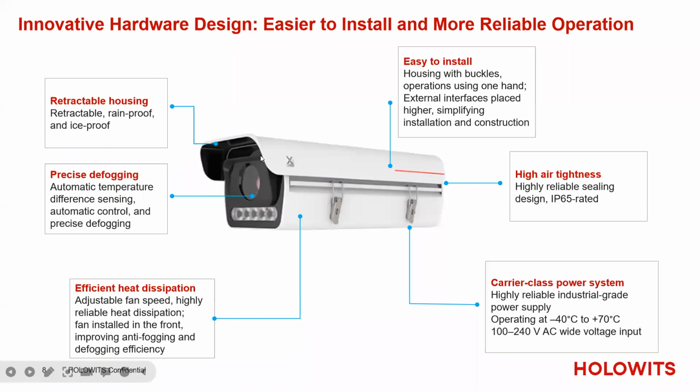Now, let's take a look at its hardware design. First is retractable housing, which is great for rain and ice protection. This is its housing. And then for the view window, it has automatic sensing and automatic control for icy defogging.